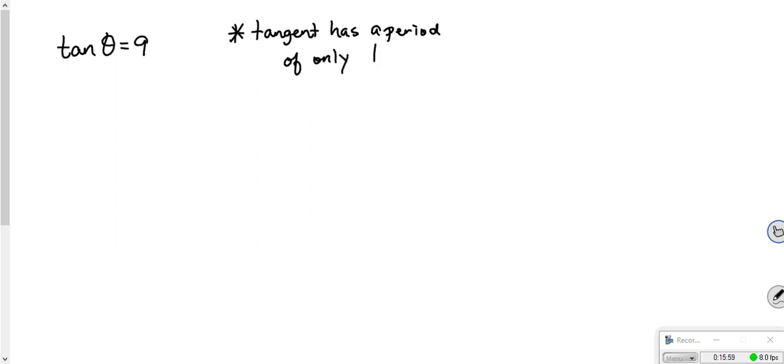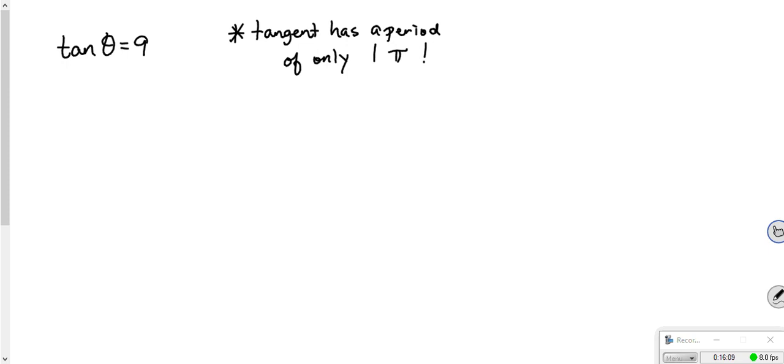Now, this one, same type of deal, solve the given equation, but now I have tangent theta equals 9. Now, if you remember, tangent has a period of only 1 pi, not 2 pi, like sine and cosine.